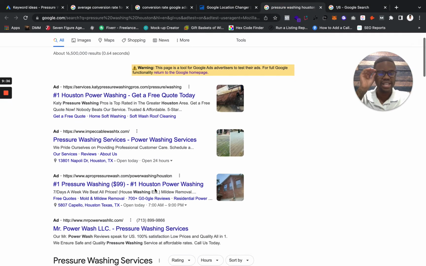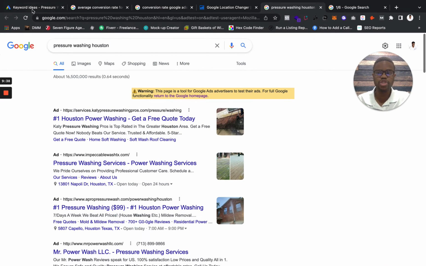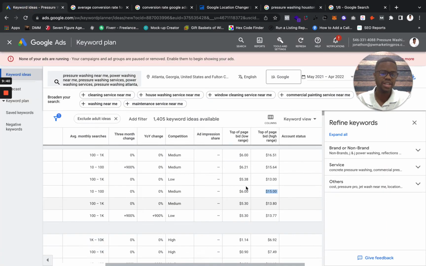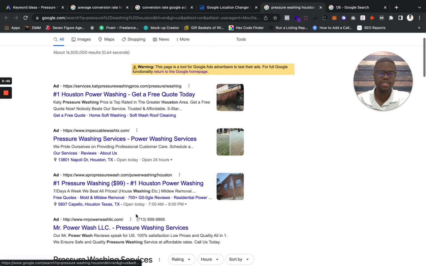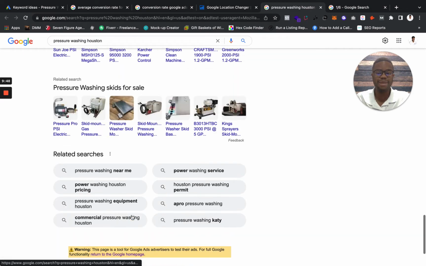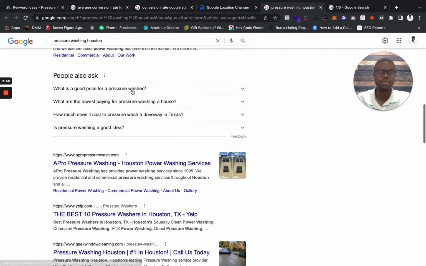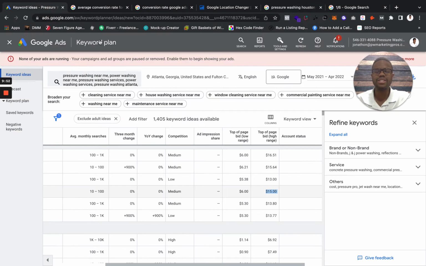Let me put that in the easiest terms possible. If you're using these bids right here, where you're only trying to bid $6, $5, and all that for a click, you're going to show up right here consistently between these two spots, and sometimes even at the bottom consistently, right? So I always tell my clients, you want to find somewhere around the top of page bid range and the high range, right?